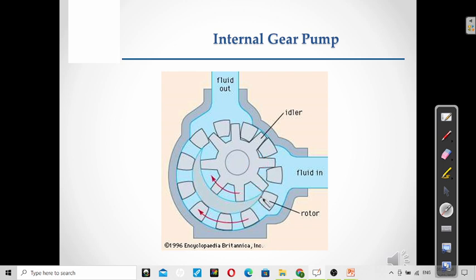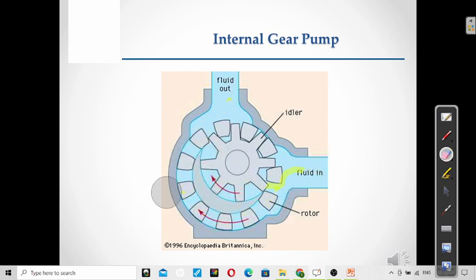From the rotors, the operation will have the fluid path. Here you can see the fluid path will come here and go like this and like this. These are all the flow paths of this particular internal gear pump.